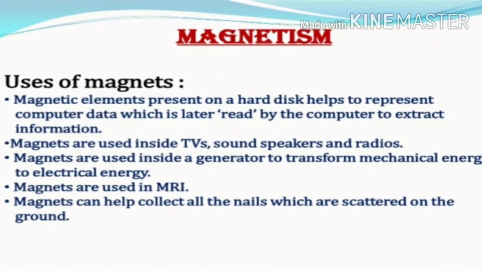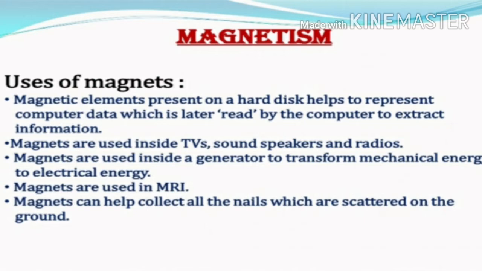Uses of magnets. First, magnetic elements present on a hard disk help to represent computer data which is later read by the computer to extract information. Second, magnets are used inside TVs, sound speakers and radios.